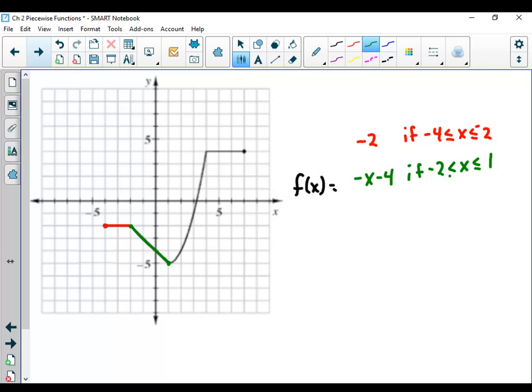Now, I've got a little bit of a dilemma here, because we said we had a function that we're dealing with. And if I have a function, every input should only have one output. Well, is that still happening here at -2? When I look at -2, I have -2 listed in two different functions. Is it giving me two different outputs? No.